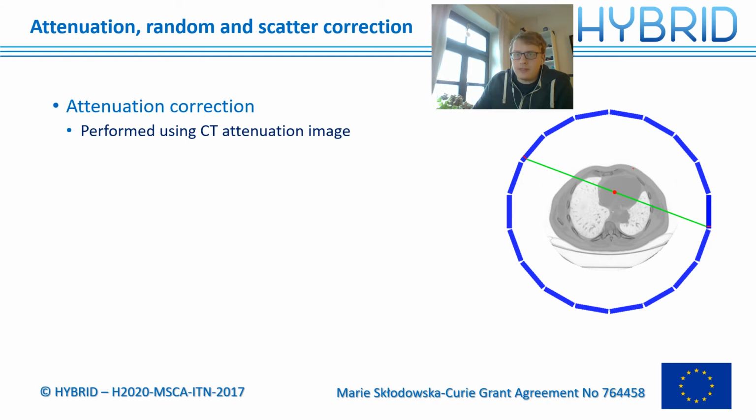If this would be the line of response, so the line between the two detectors, then here would be way less material and way less chance for the gamma particle to get stuck. But this is a correction you can do. And for example, if the annihilation would be here, it would be even more filtered, basically. And if we measure it, we have to be even more thoughtful of how hard it was for this coincidence to actually arrive at our detectors.